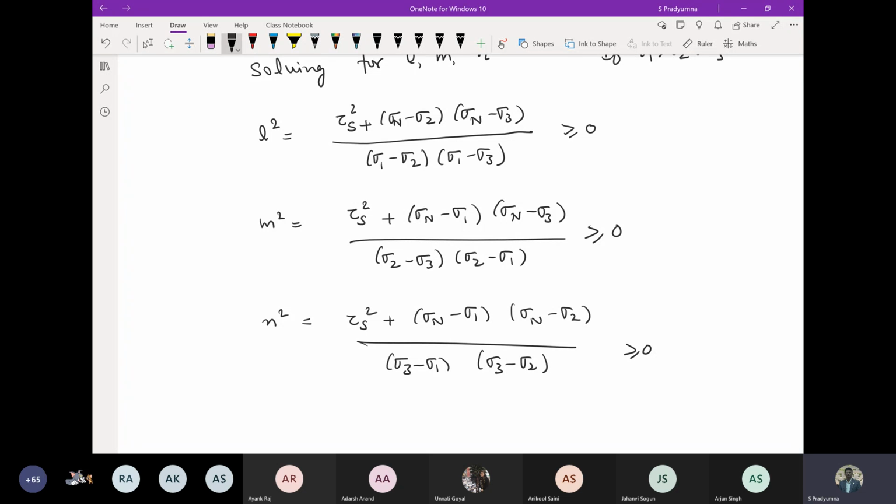Okay, fine. Therefore, if you look at these values, what can you say about the first equation? Considering that sigma 1 minus sigma 2 is positive and sigma 1 minus sigma 3 is positive, the denominator is positive. Now, what will happen to the second equation?